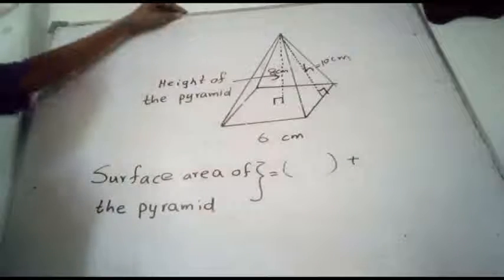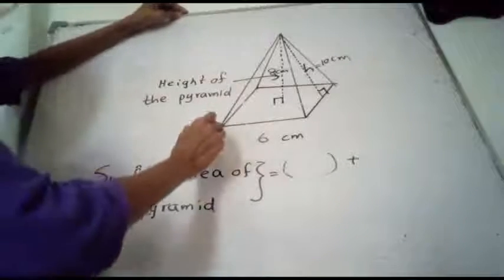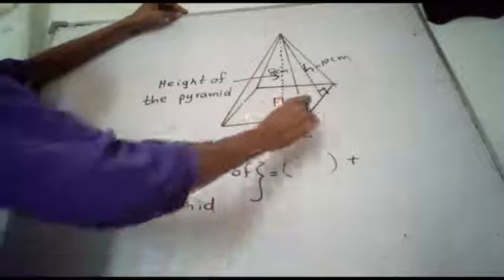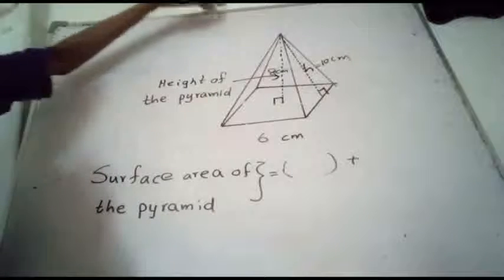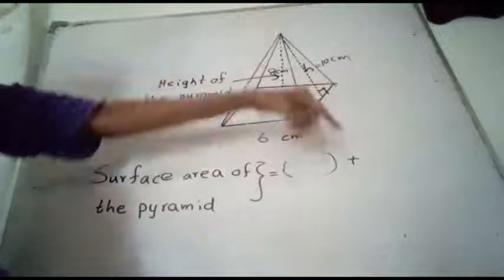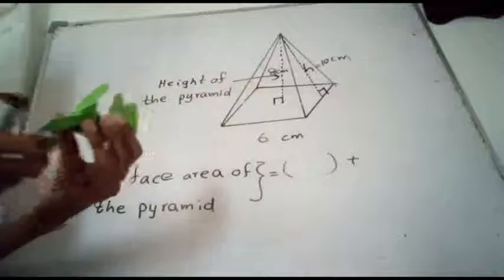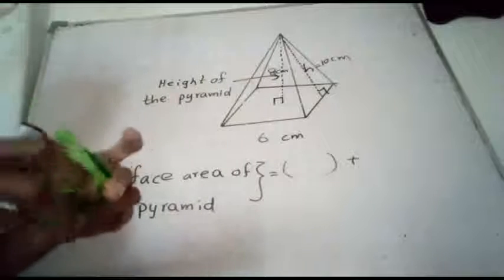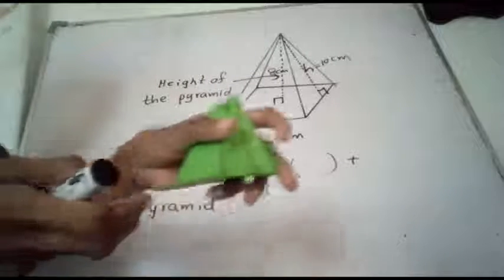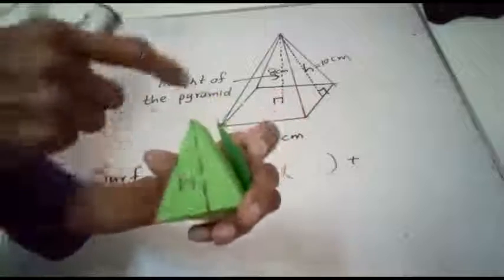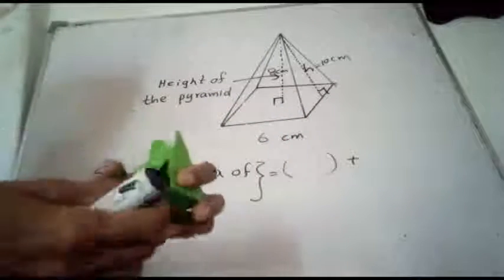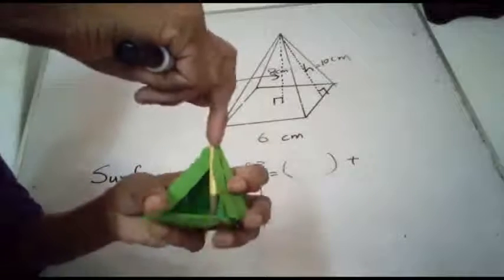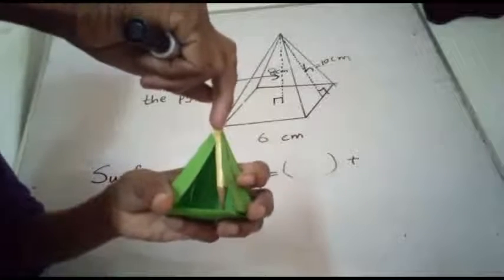Now, the side length of the square is 6 centimeters. Perpendicular height of the triangular surface is 10 centimeters. Perpendicular height of the pyramid is 8 centimeters.